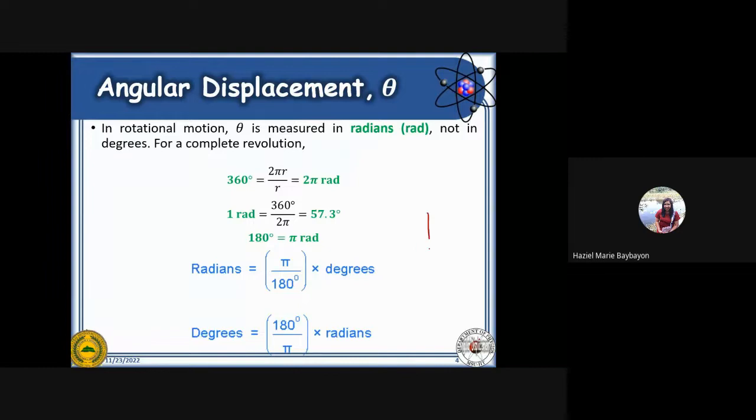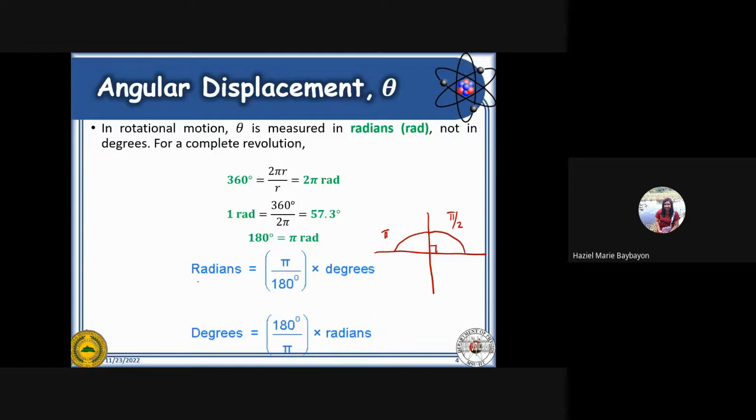Okay. So for example, this is 90 degrees. This is pi over 2. And then kini siya is another pi over 2. So ang iyang na-travel na is pi. So this is 180 degrees. Okay?